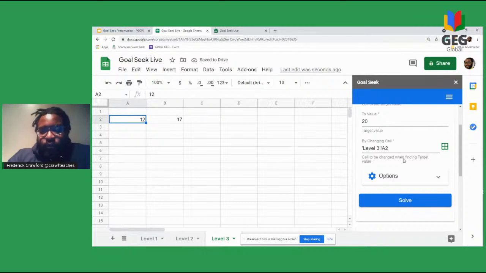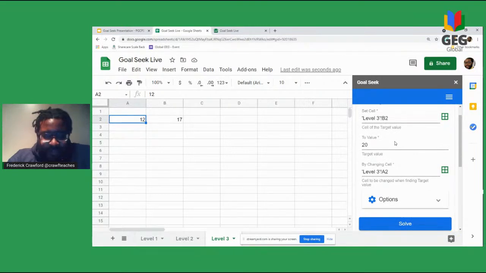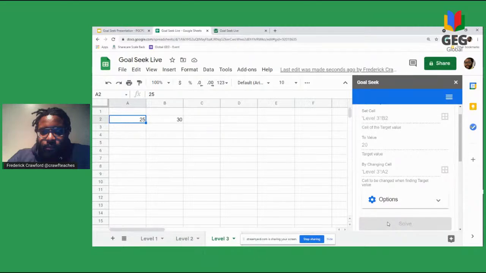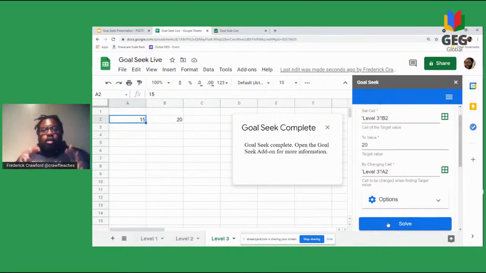We don't have to go through these steps again because it's already been set, which is amazing. And now you see that it is perfectly 15. So notice, the farther off your guess may be, the worse your answer will look.